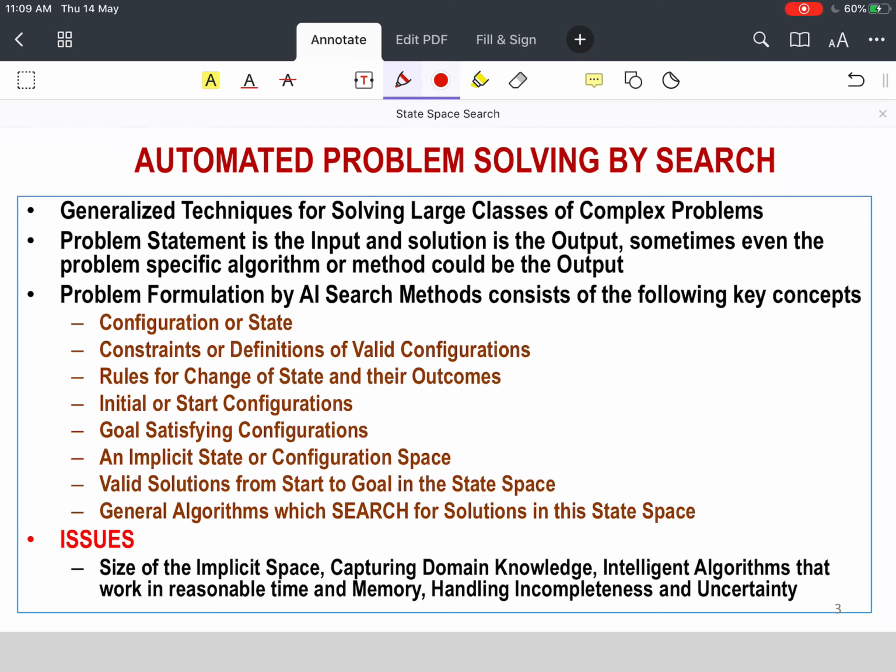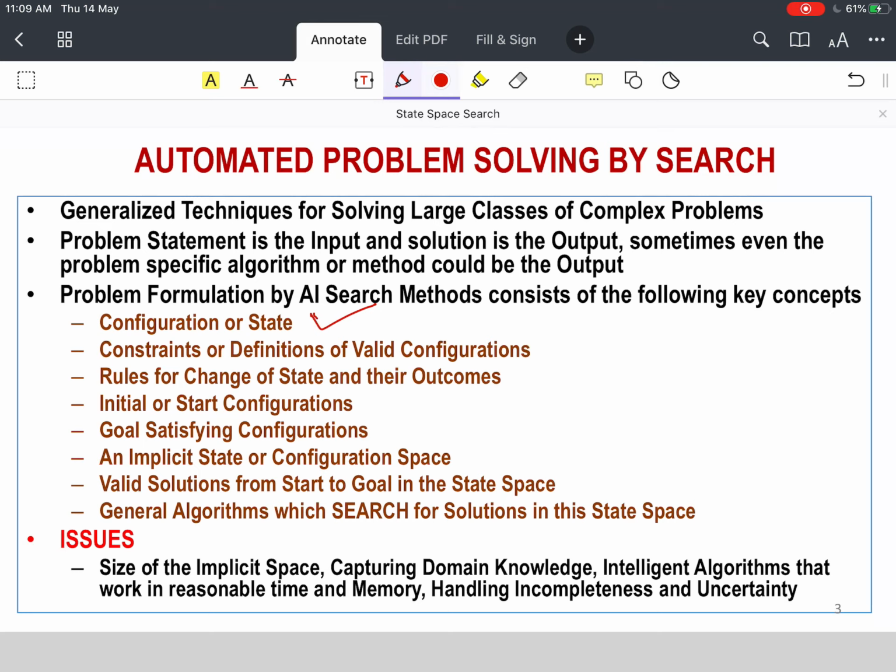And from the various examples that we saw, we said that we can find a common structure to solve this class of problems. For that, we required the following. One is the definition of a state. That means the problem instance can be in a particular state.